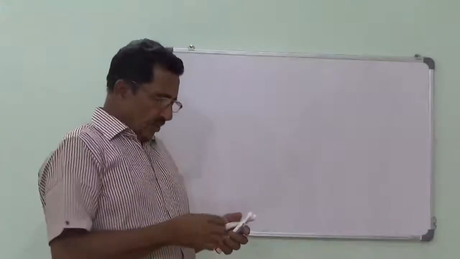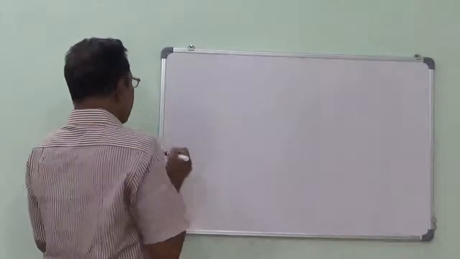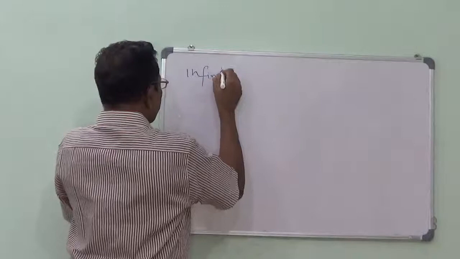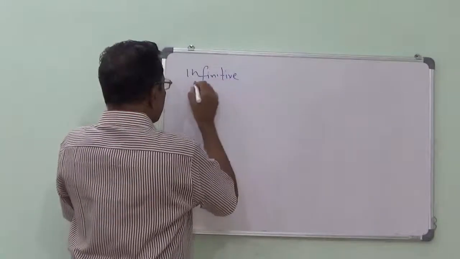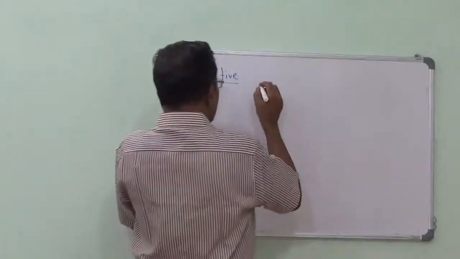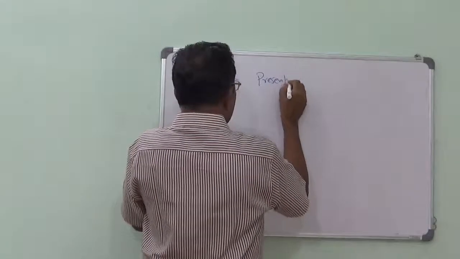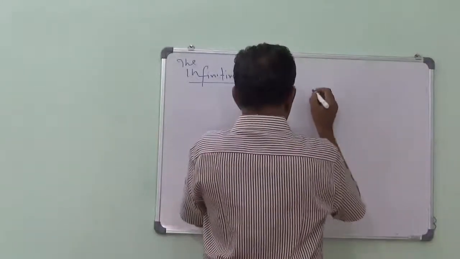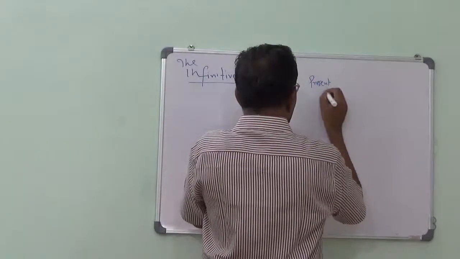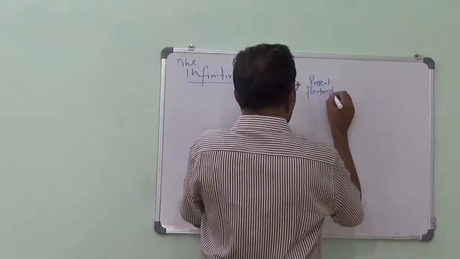Okay, let's see. So what are the forms? First form is infinitive. Then the second is the present form. Third is present participle form.